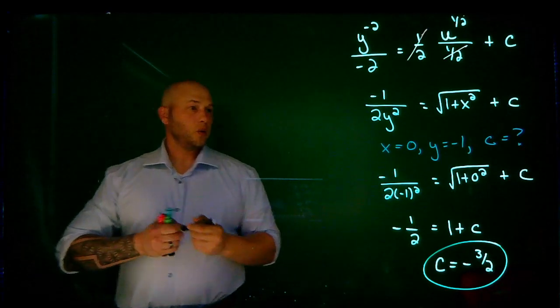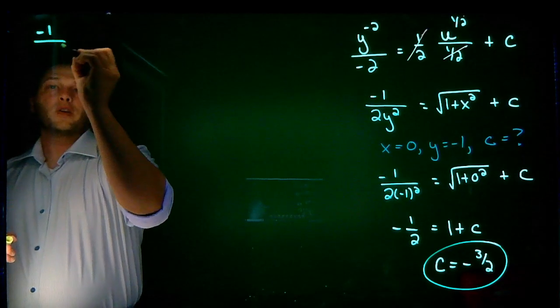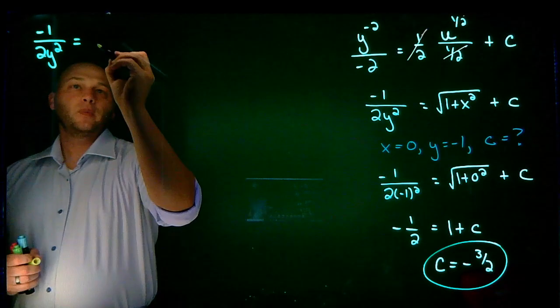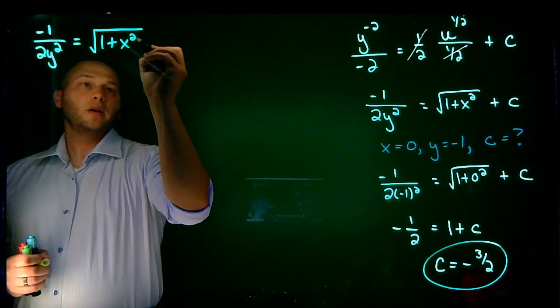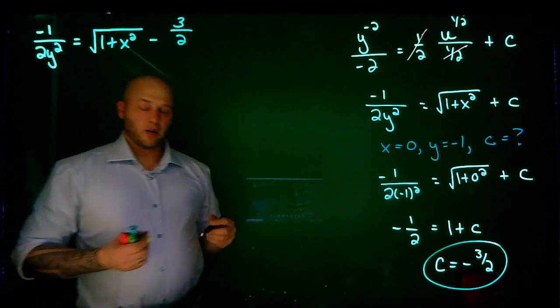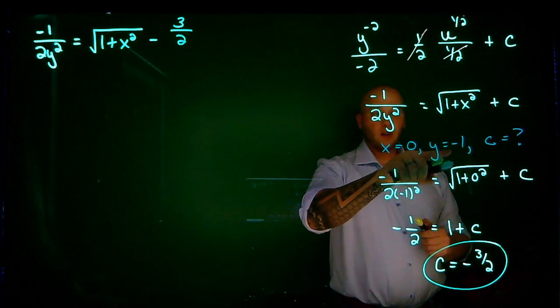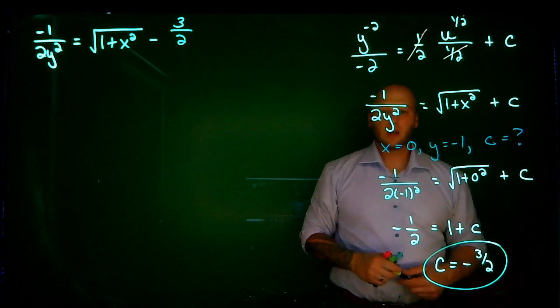Taking this equation right here, negative 1 over 2y squared is equal to the square root of 1 plus x squared minus 3 halves. This equation right here satisfies the initial condition. When x is 0 and y is negative 1, c is negative 3 halves. Again, that satisfies the initial condition.